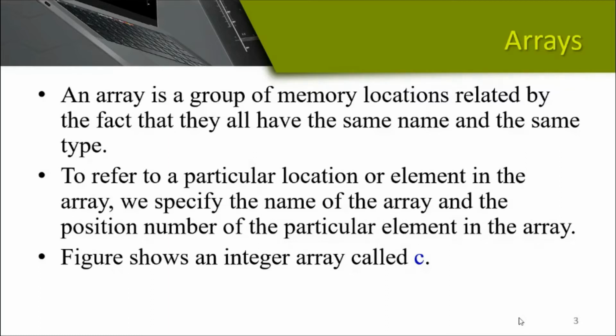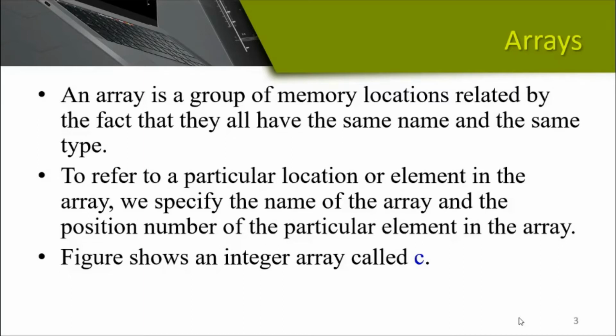Then how can the 50th element be accessed? For that we use a position number or an index number. The index number gives you a particular location of the array, or the value in a particular location in the array. So if there are 100 elements, each element will have an index value, a location value, or a position number.